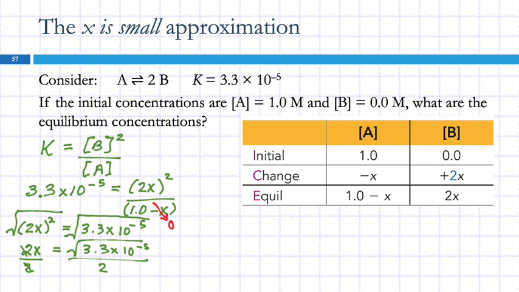So I'll get out the calculator. Square root of 3.3 E minus 5, divided by 2. So x is equal to 0.002872.